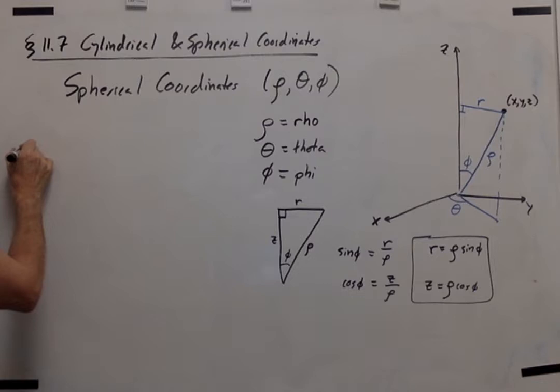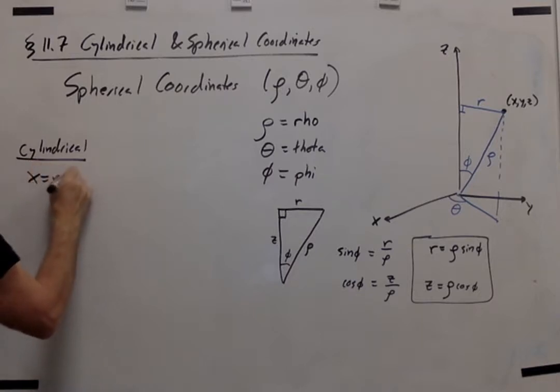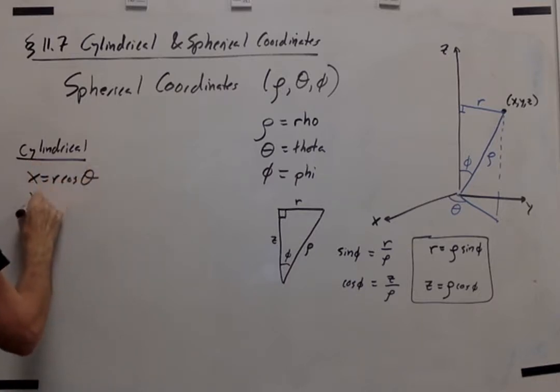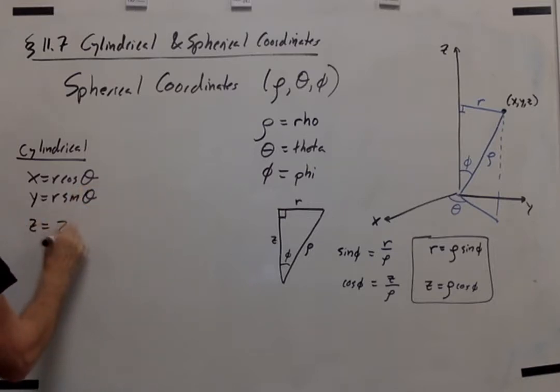So remember, in cylindrical coordinates, we have x equals r cosine theta, y equals r sine theta, and z equals z.